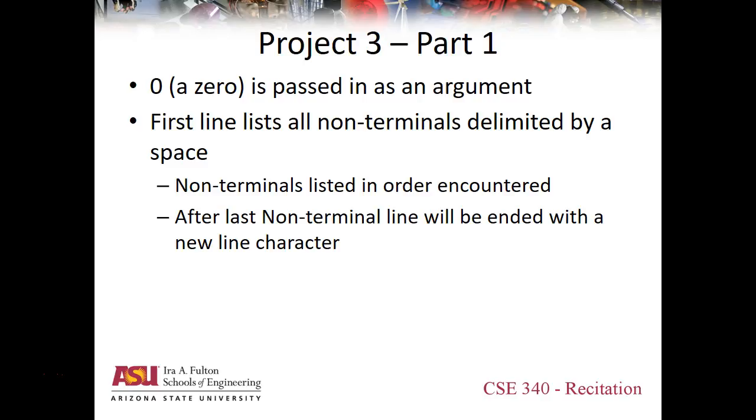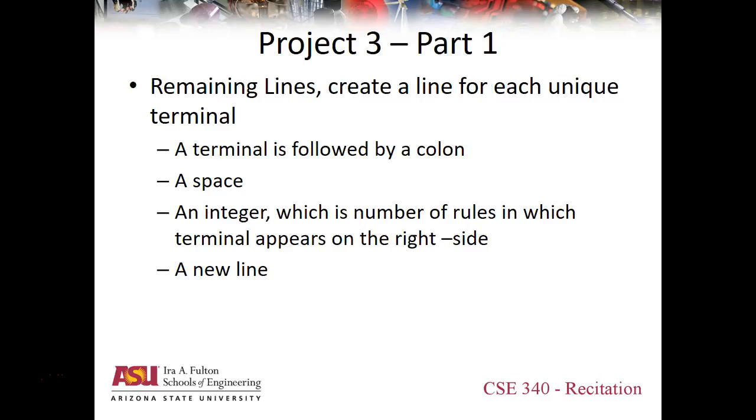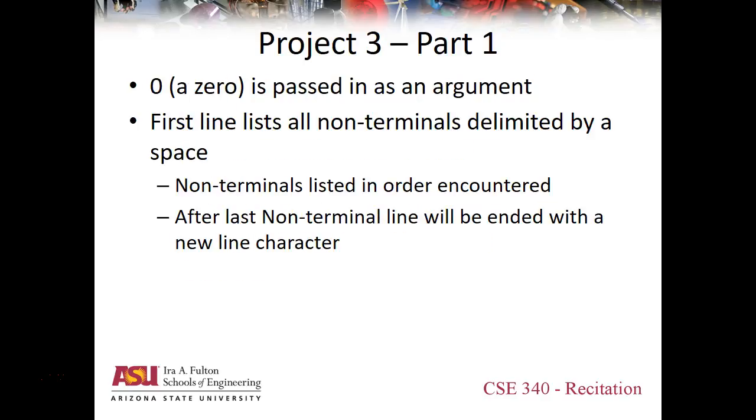And then after this non-terminal line, the first line of the output, you will actually end with a new line character. This is just the output that's required. This is output, versus we were talking about the input before. All right.